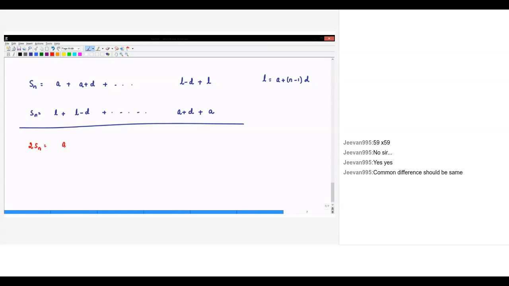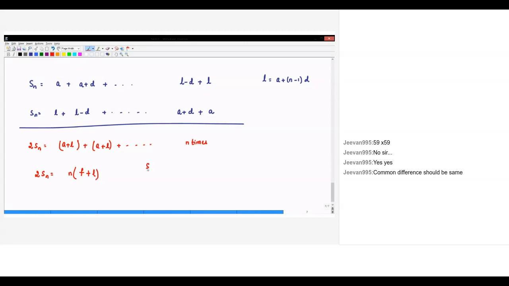It is A plus L. A plus L. So on how many terms? N times. Therefore, 2 times of Sn is equal to N into first term plus last term.